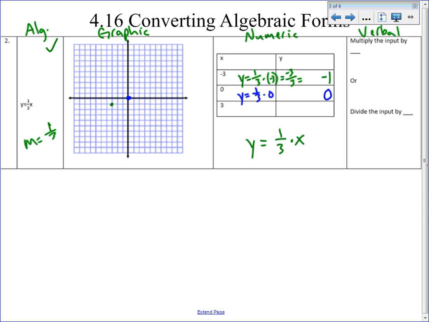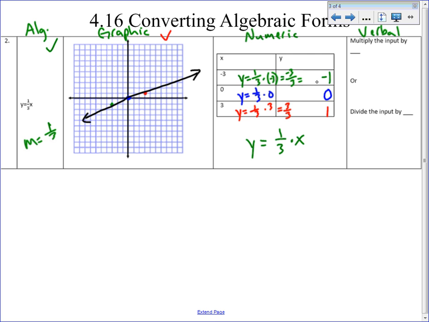And then our last one is y equals 1/3 times 3. 1/3 times 3 equals 3/3, and 3 divided by 3 is just 1. So we're going to go over 3, up 1. And this is our line.